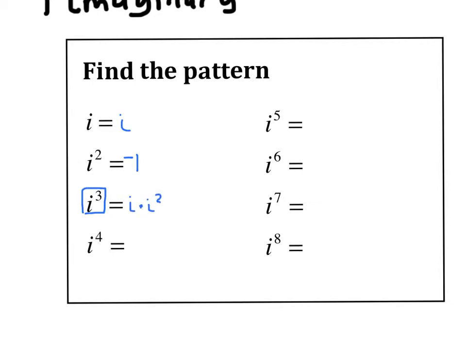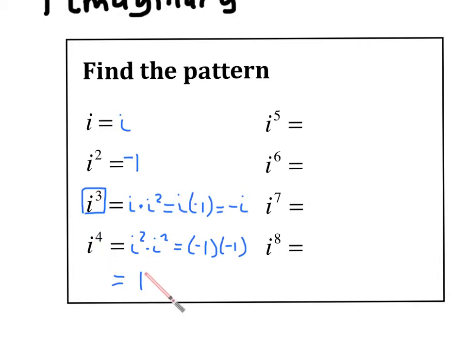So I just take i, put it there, i squared, and put it there to see what I get. i stays there, negative 1 stays there. So what do I get? Negative i. So i cubed simplifies to negative i. i to the 4th power can be broken up to be i squared times i squared, which is negative 1 times negative 1, which gives me positive 1.